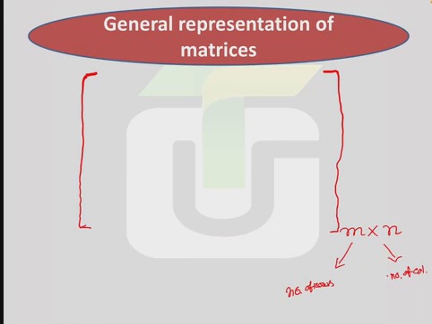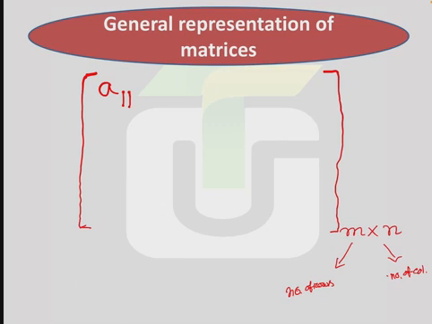Every element of a matrix has its own address, right? First element, suppose A, is in the first row, that means R1, and first column also.